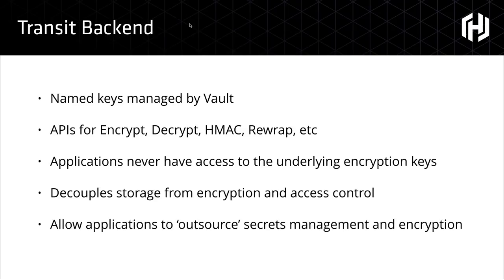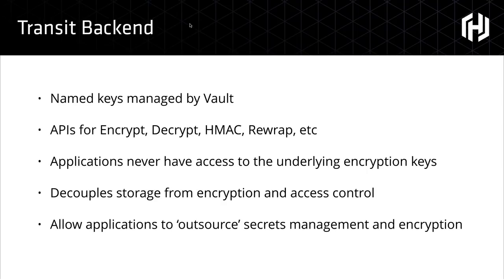So what Vault does is have a backend called transit, where it allows us to name these encryption keys foo, bar, baz, or name it after our application, maybe API. And then there are APIs that allow you to do operations using these named keys, such as encryption and decryption. What this lets us do is prevent our applications from ever having access to the underlying encryption keys, so we don't have to worry about them exposing it. And by leveraging the APIs, we don't have to worry about the applications implementing encryption, decryption and these other operations correctly.